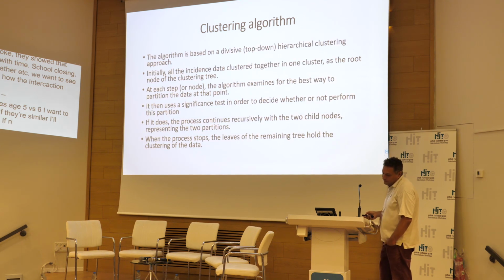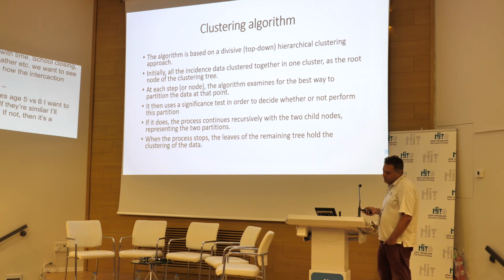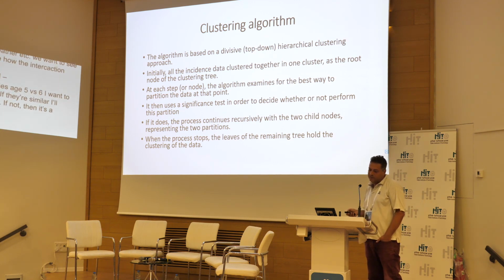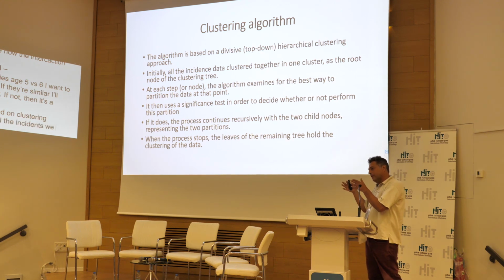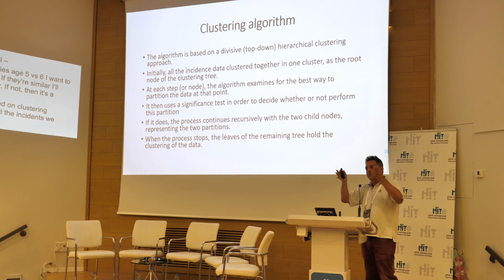Okay? So what I'm going to show you is an algorithm that's based on a divisive top-down hierarchical clustering approach. Okay, initially, all the incidence data is clustered together in one cluster, which will be my root node. So I'll take the entire population.